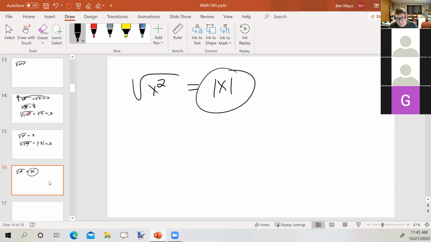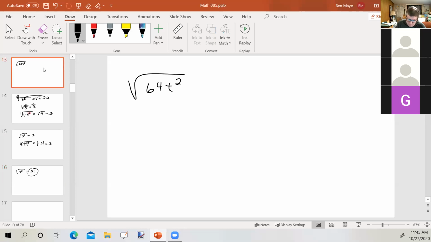All right, let's see if we can wrap our heads around that. Let's go back to this problem now. Same thing. Assume the variable is unrestricted. So it could be positive or negative or 0. All right, so what's the square root of 64? 8. What's the square root of t squared?